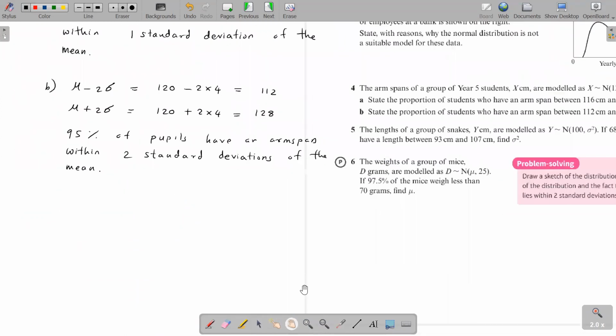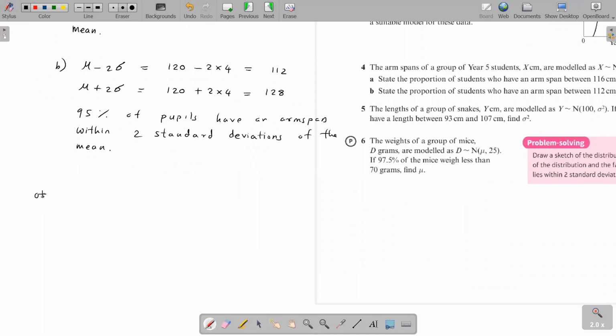So I think you can clearly understand here in the 5th question that 93 should be what? They are saying 68% of the data lie between 93 and 107. So 93 should be the mu minus 1 sigma and the 107 should be the mu plus 1 sigma. That's how it should be.